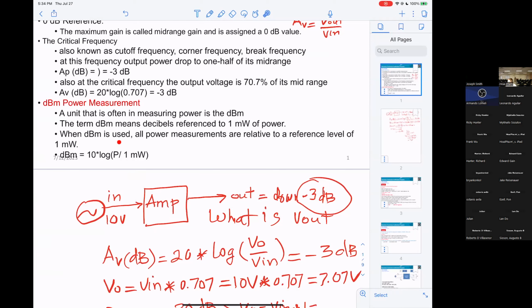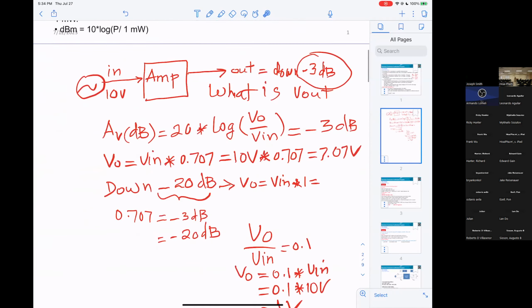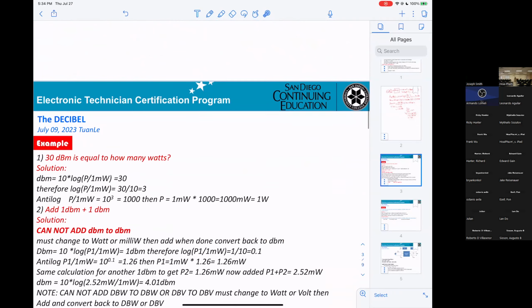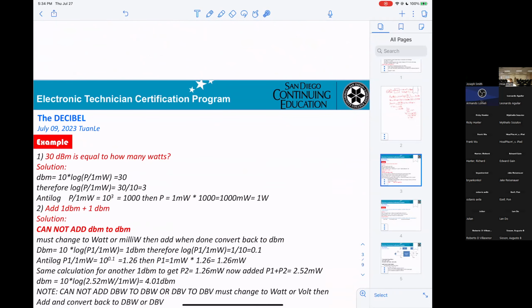That is the formula right here. 10 times log of P divided by 1 milliwatt equals 30 dBm.